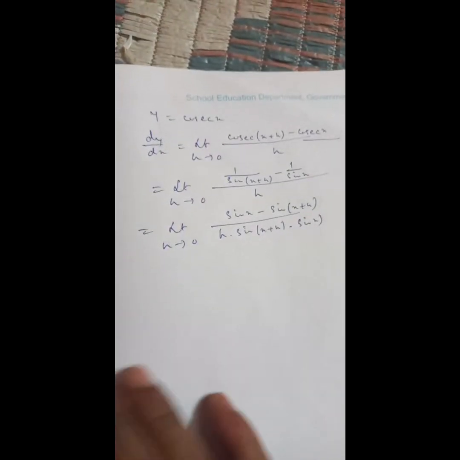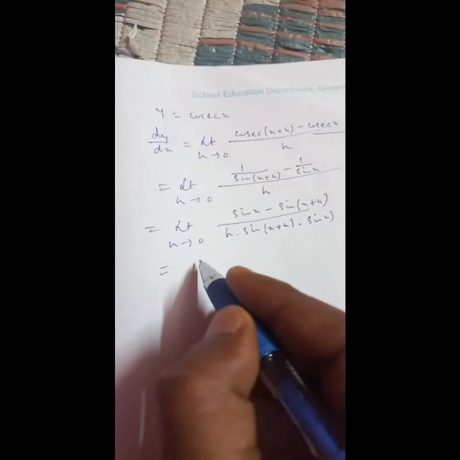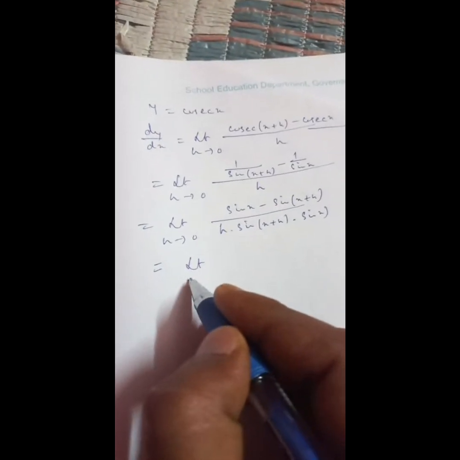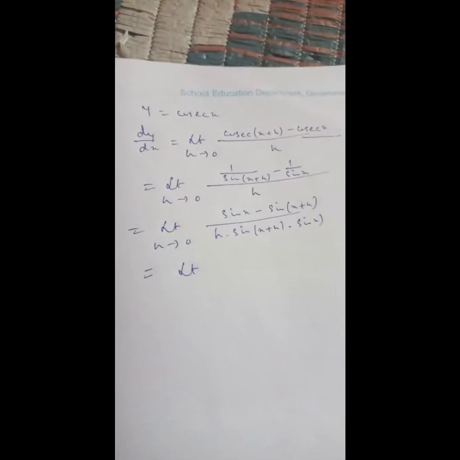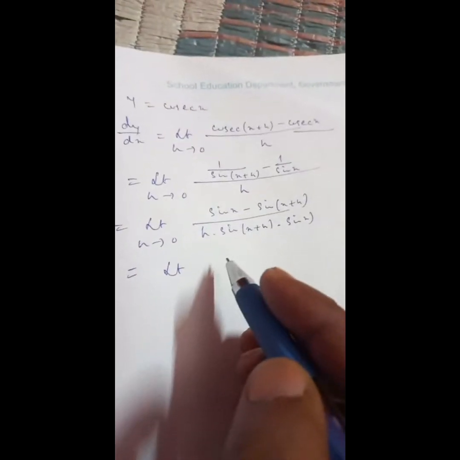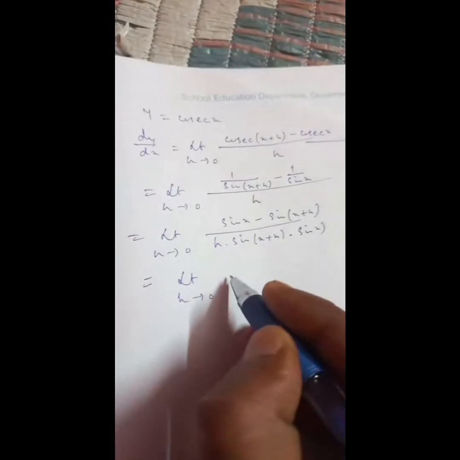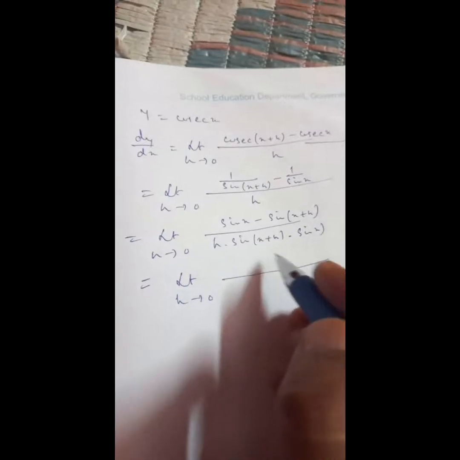So again we use the sin C minus sin D formula, which is 2 into cos (A plus B) by 2 into sin (B minus A) by 2.